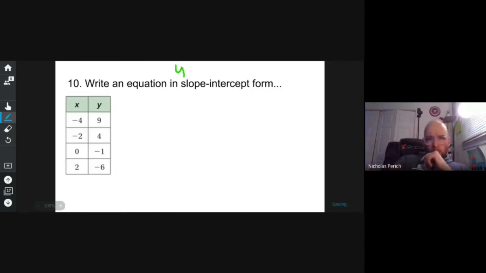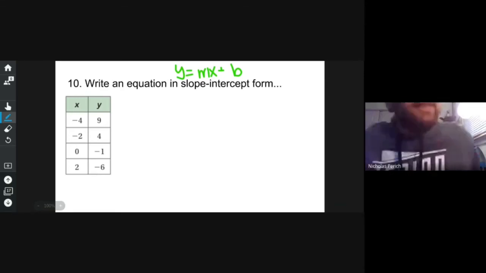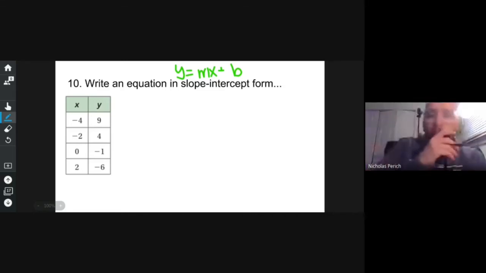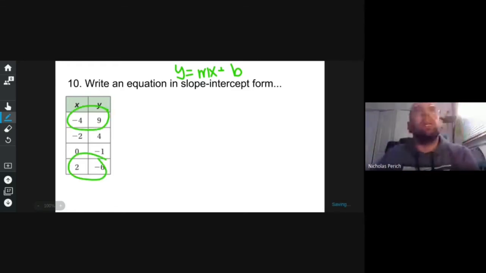Write an equation in slope-intercept form. Y equals mx plus b. I'll pick this one and that one. Picking any 2 points.